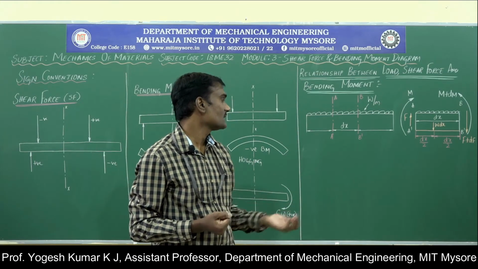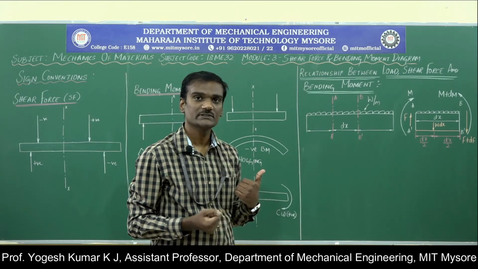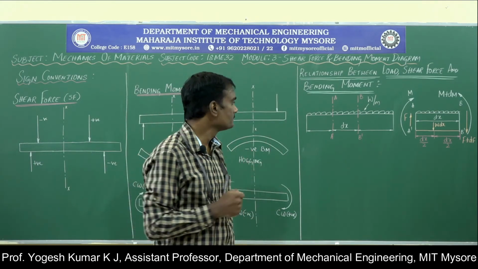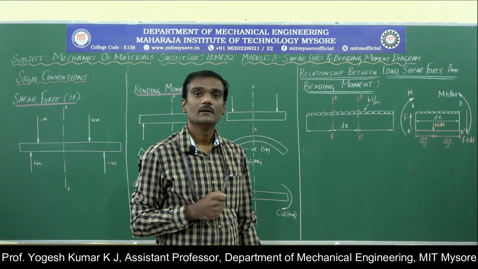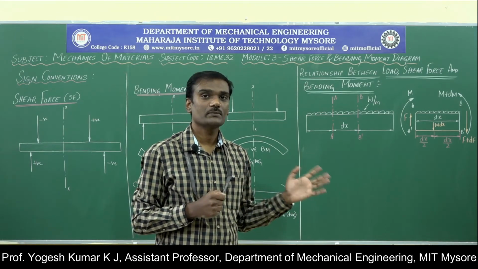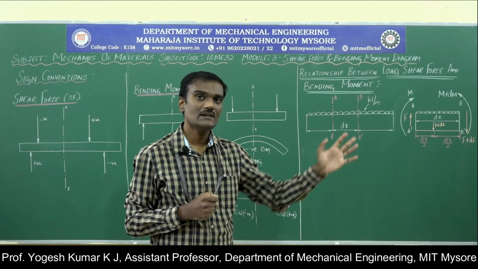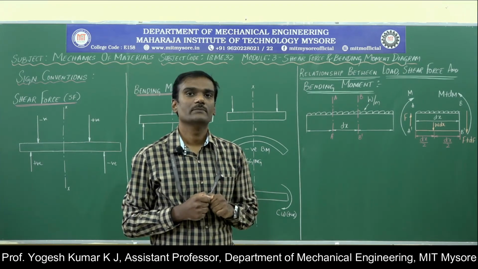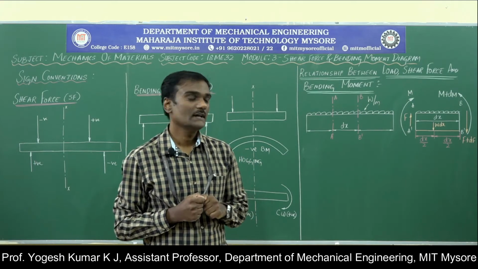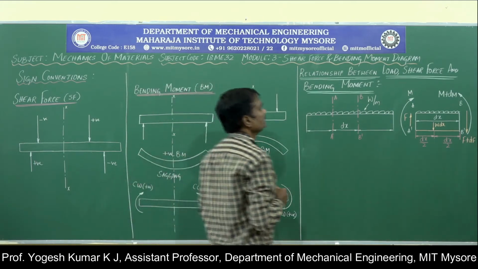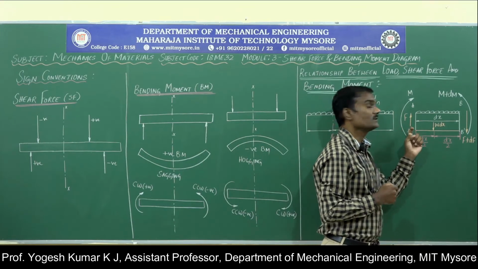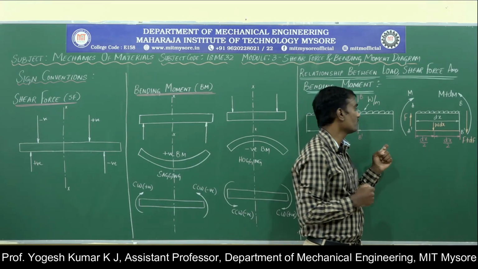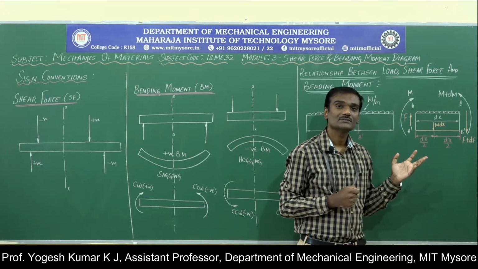Now, there are some upward forces, some downward forces, some clockwise moments and some anti-clockwise moments. Since the portion between the sections AA dash and BB dash is in equilibrium, the algebraic sum of vertical forces should be equal to 0.